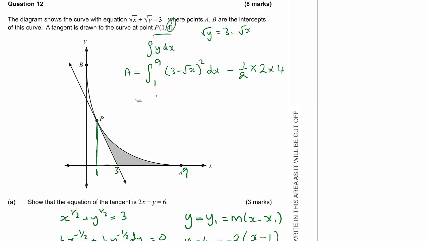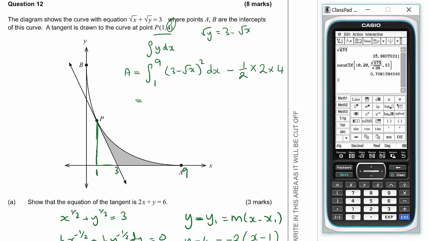Now this is a calculator paper, so we can just use the ClassPad to do that integration for us. So we've got the integral from 1 to 9 of (3 take away the square root of x) squared dx.